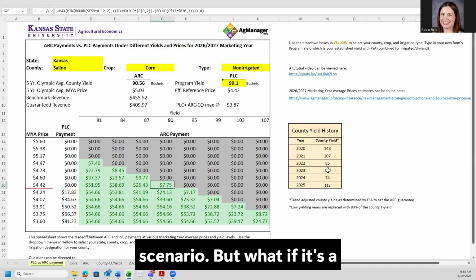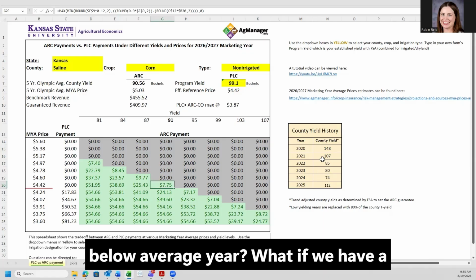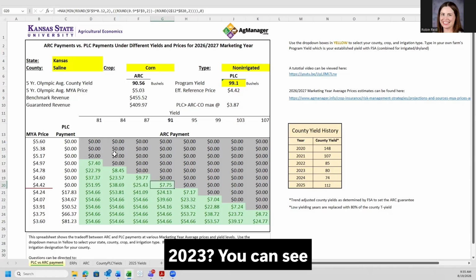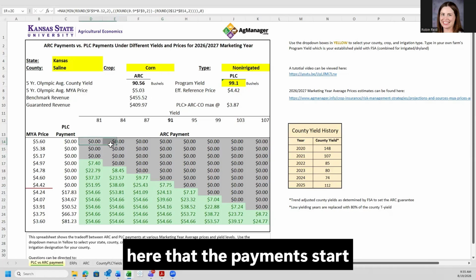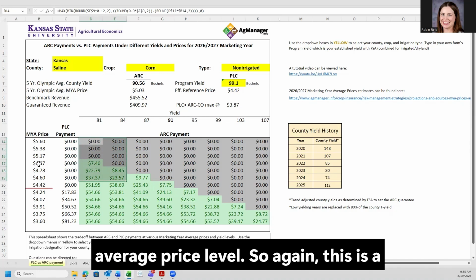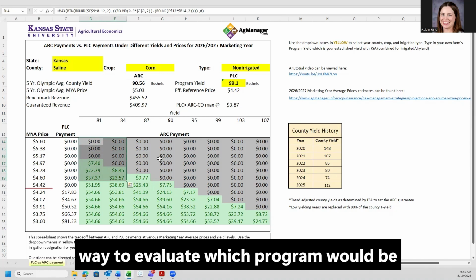But what if it's a below average year? What if we have a crop such as we did in 2022 and 2023? You can see here that the payments start occurring at a much higher marketing year average price level. So again, this is a way to evaluate which program would be better.